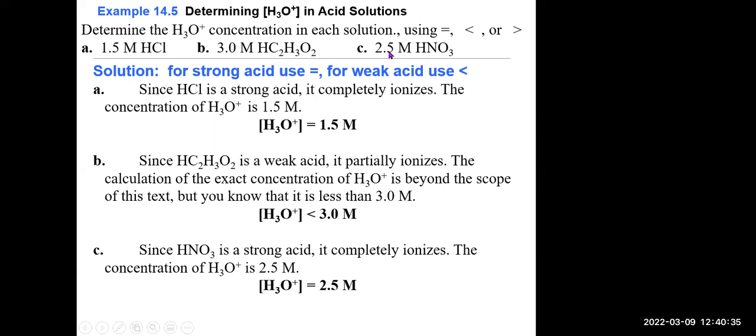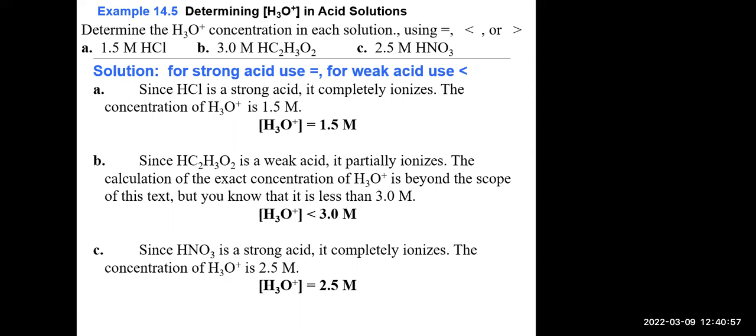When you are given this problem, this concentration refers to the acid, but the question is what is the concentration of the H3O+? So it depends on whether the acid is strong or weak. If they are strong and monoprotic, they are equal. Otherwise, it depends on the question.